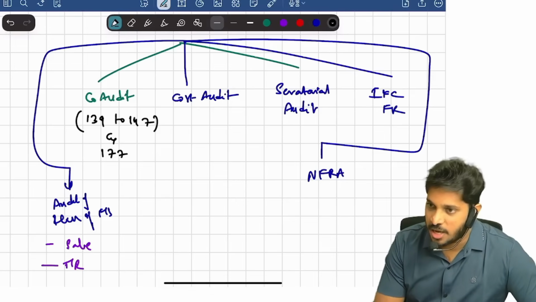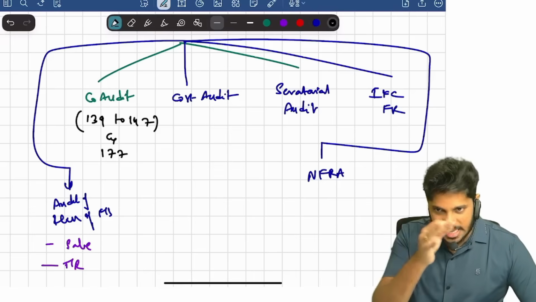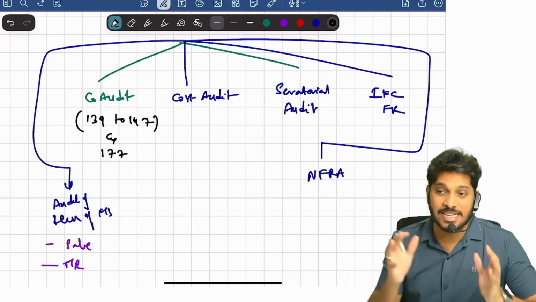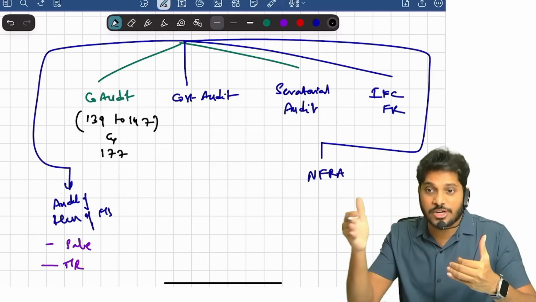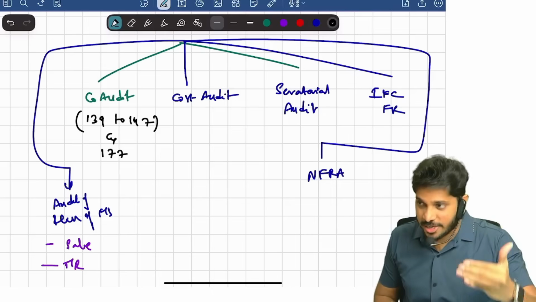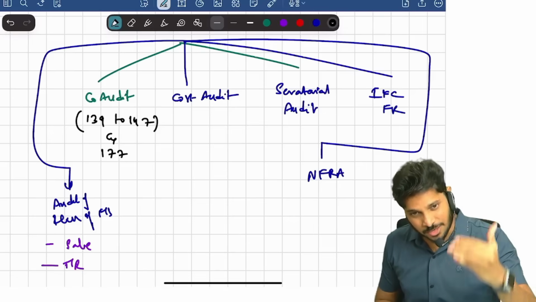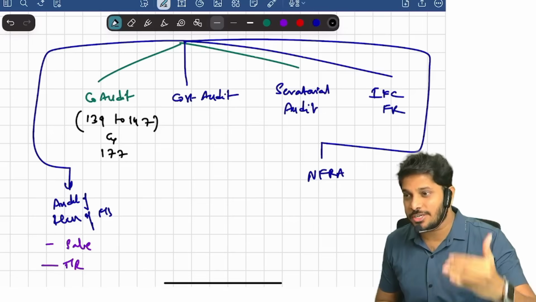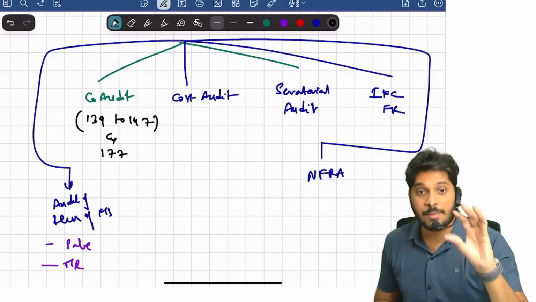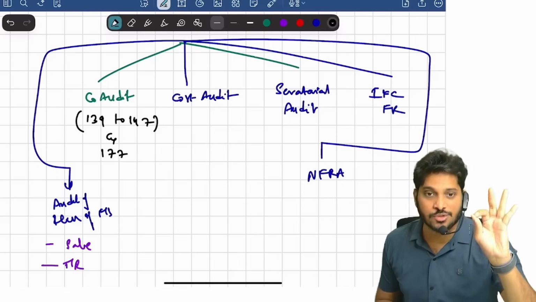Sections 139 to 147, these 9 sections, deal with statutory audit provisions: how to appoint a statutory auditor, government and non-government companies, rotation, remuneration, resignation, removal, duties of the statutory auditor, the AGM he has to attend, and punishment for non-compliance.